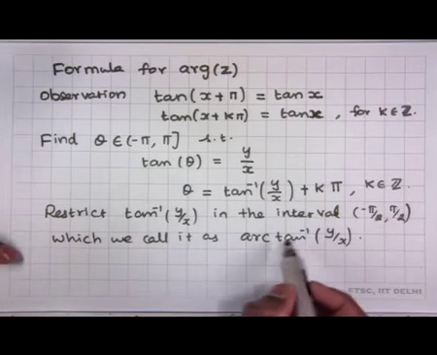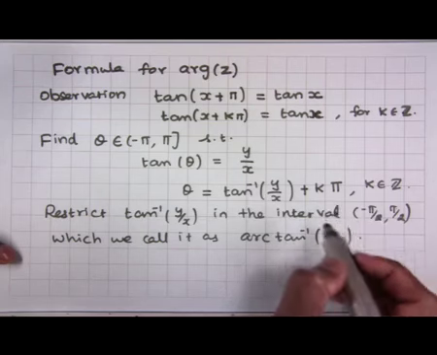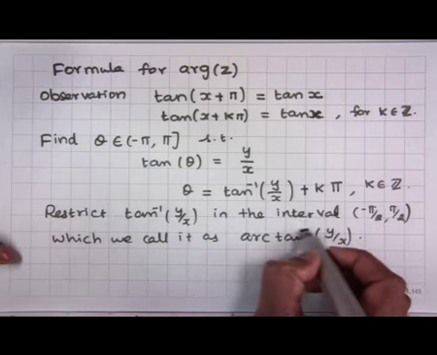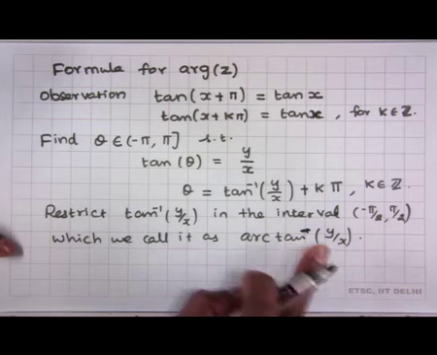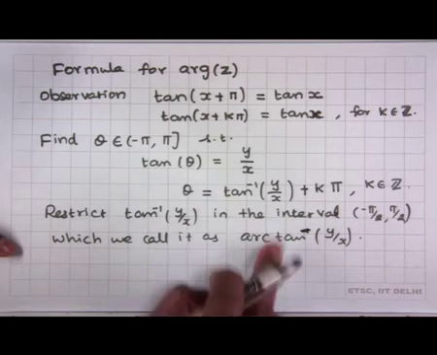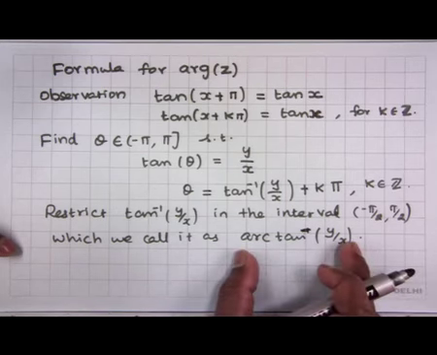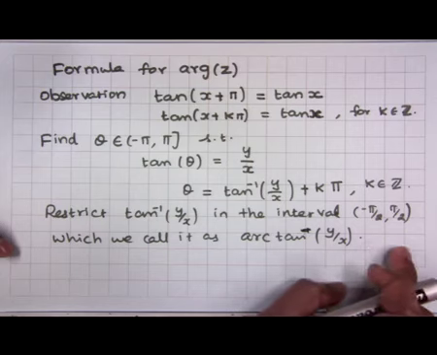That is, the arc tan function is the inverse function of tan such that the value is restricted to the interval minus pi by 2 to plus pi by 2.